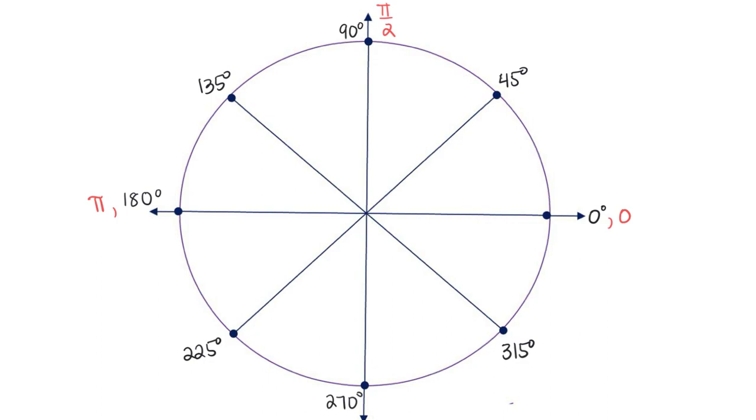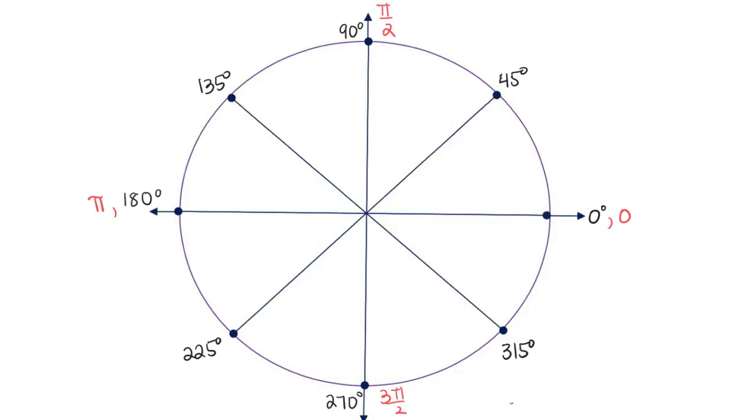So this is 0. This is 1 pi over 2. This is 2 pi over 2, which is the same as pi. So this is 3 pi over 2. And if I go this much more, I get to 4 pi over 2. 4 pi divided by 2 is 2 pi, which is a full circle.